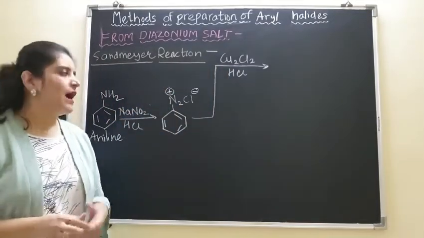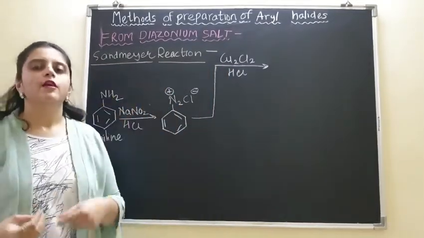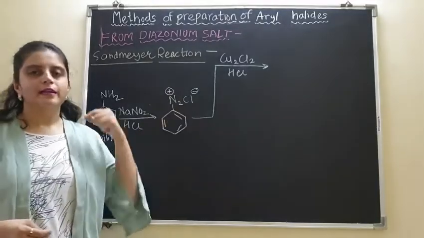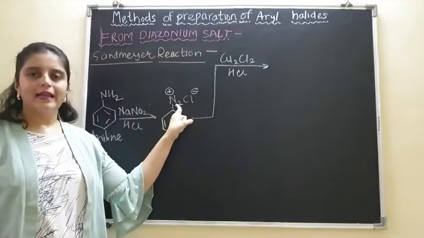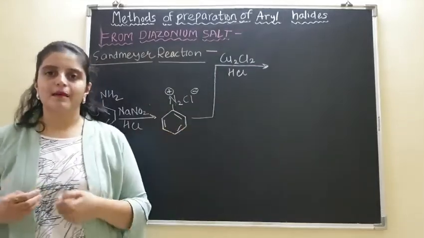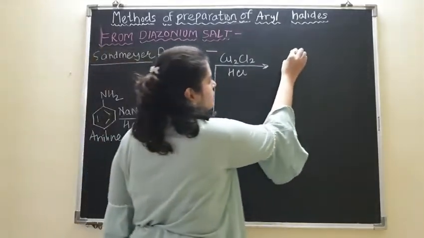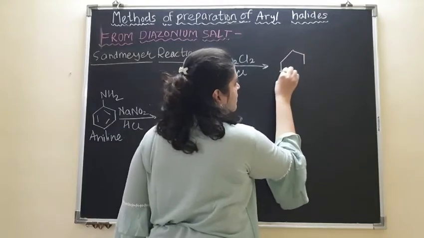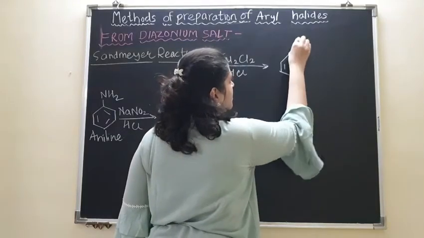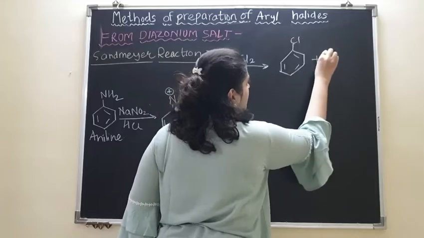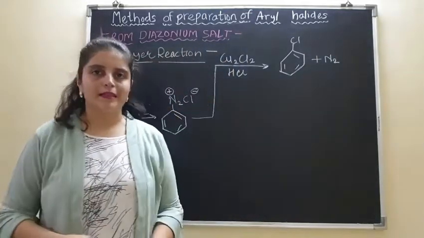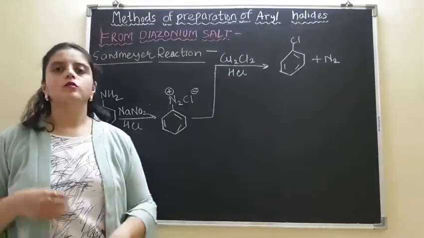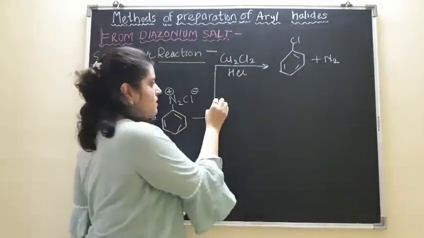Now there will be formation of N2 gas, nitrogen gas, and chloride will take the position of the N2+ Cl- group. So we get chlorobenzene if we use Cu2Cl2 along with HCl.